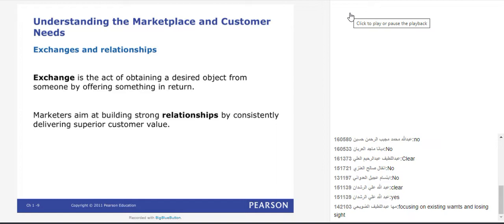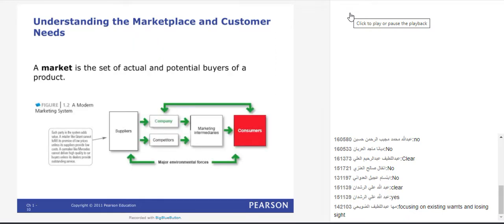It is the act of obtaining a desired object from someone by offering something in return. That's how we begin to create the relationship with the customer. Now in this figure, this is the exchange.